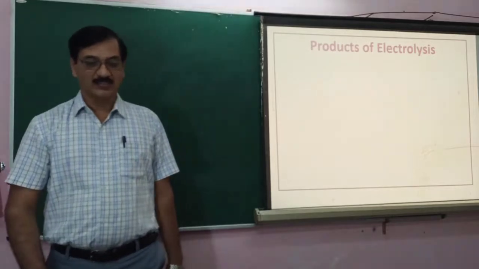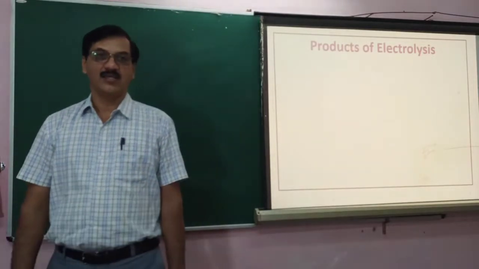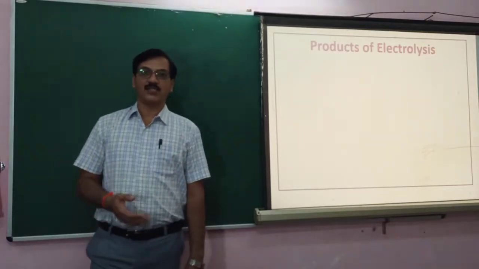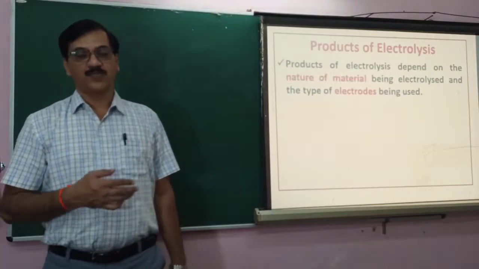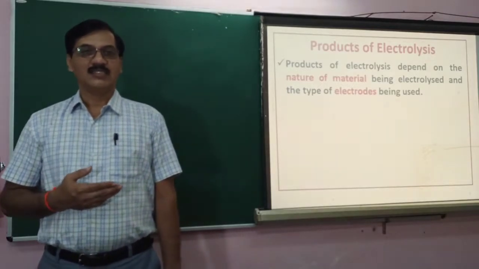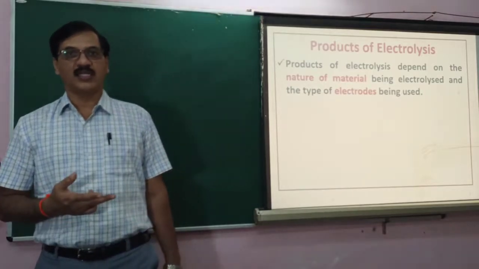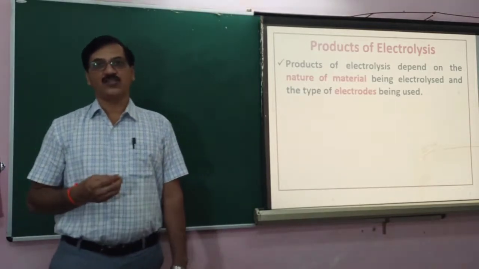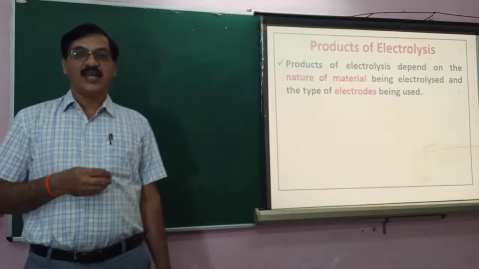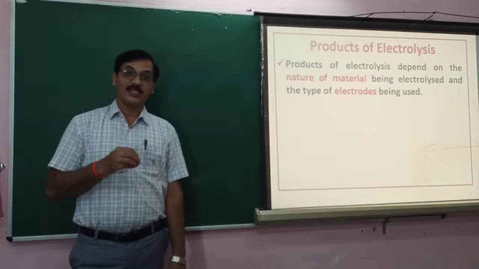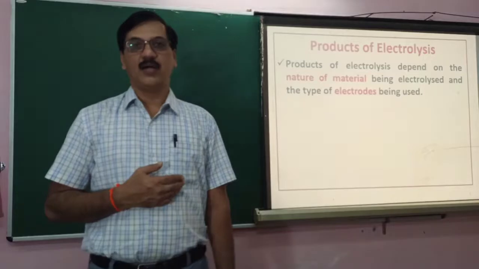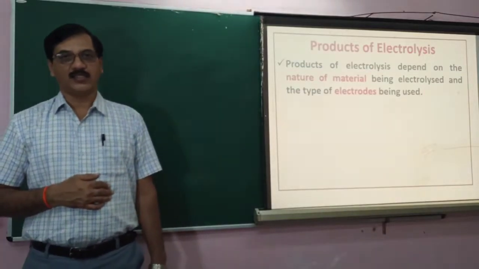Now, let us see how to analyze the product of electrolysis by taking some examples. The product of electrolysis depends upon two things: one is the nature of the material being electrolyzed, that is the electrolyte, and another is the electrodes. As I told you, electrodes may be active, and if it is an active electrode, then the electrodes may also take part in the electrolytic reaction.